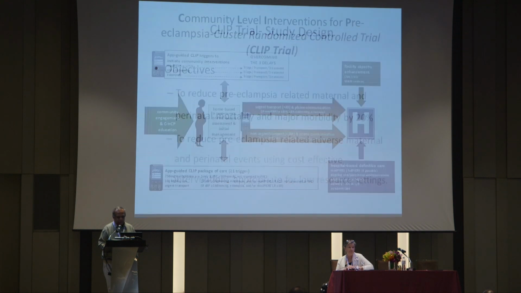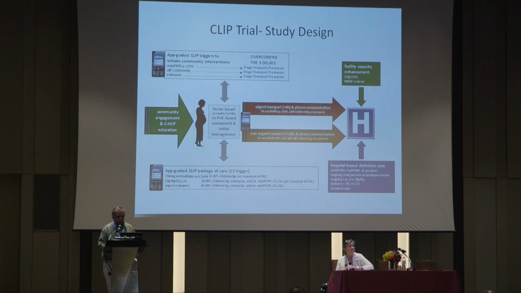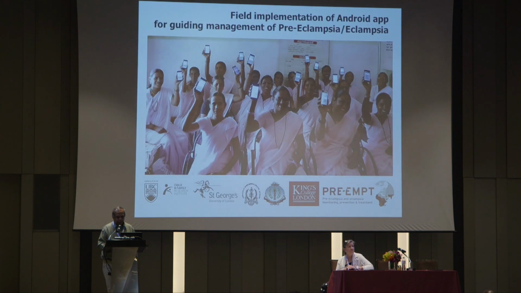Those are the objectives of the trial. The intervention is actually a package, which is identification of hypertensive disorders in a pregnant woman, starting at 12 weeks of gestation and monitoring her blood pressure throughout pregnancy till delivery and the postpartum period.